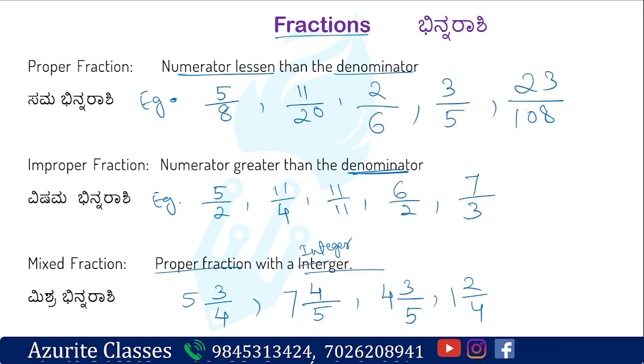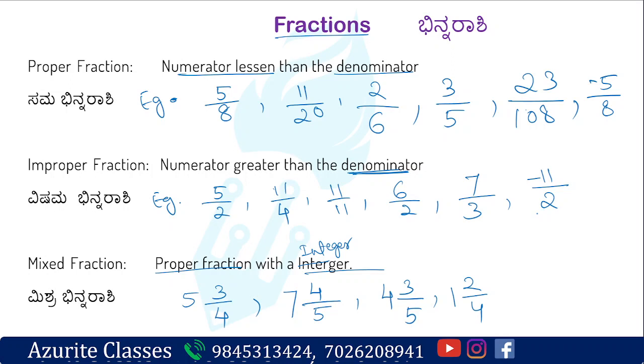Here we have written only positive numbers, but they can be negative also, right? Doesn't matter. If you take minus 5 by 8, it is negative. This also can be negative: minus 11 by 2, right?